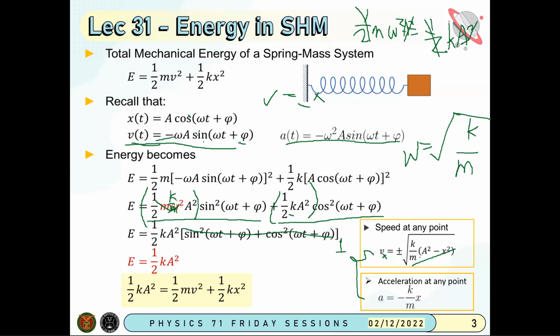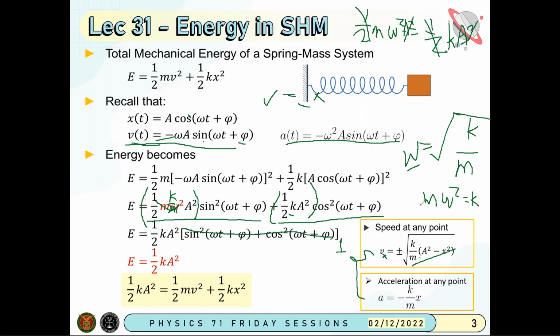Okay. So may isa pang question. Angular velocity pa rin po yan. Yes, omega still the angular velocity. If you check itong relationship na to, either omega equals square root of k over m or m omega squared equals k. If you check yung dimensionality, consistent yung dimension.